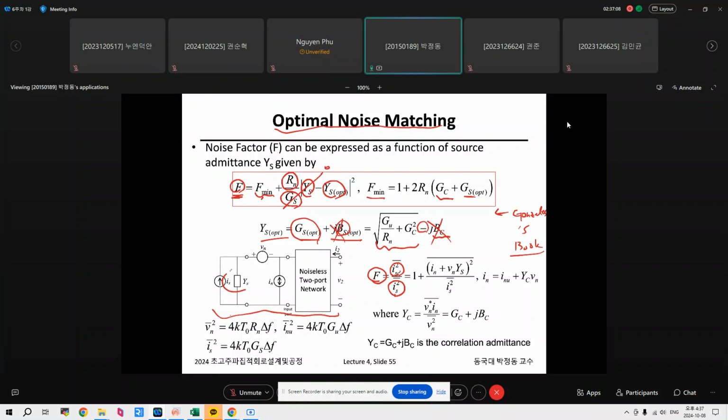You express the input-level noise in terms of an input-level noise current and an input-level noise voltage. Here IN is IN uncorrelated plus the correlated part, with a correlation admittance and a voltage noise source. YC is IN divided by VN, and this is the correlation admittance.